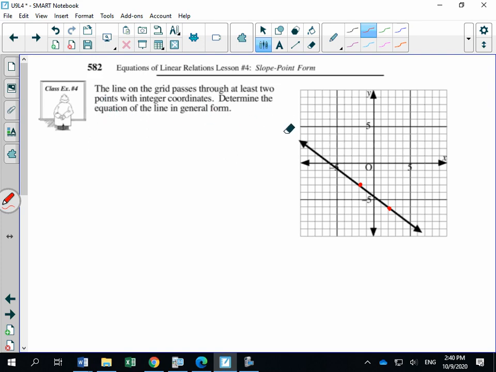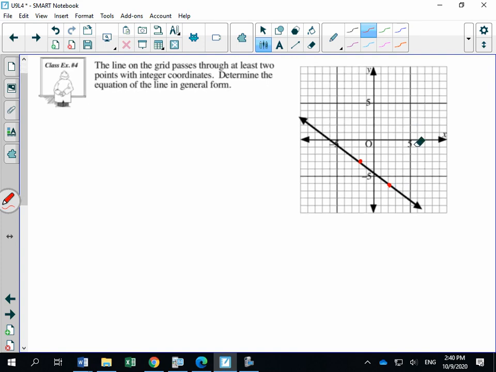Okay, how would we start this? If you have 2 points, you could find the slope. You could either do y2 minus y1 over x2 minus x1, or I could just do the rise and the run. So I'm going to go down, fall 1, 2, 3, 4. Oh no, sorry, I'm going to start that again.